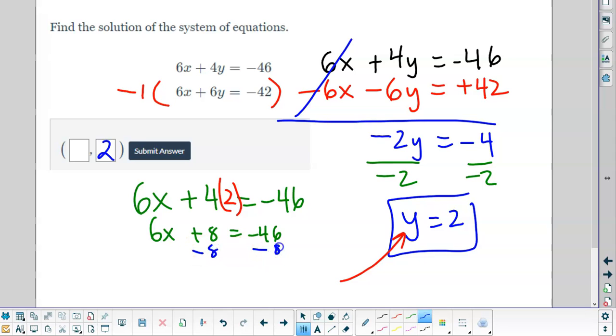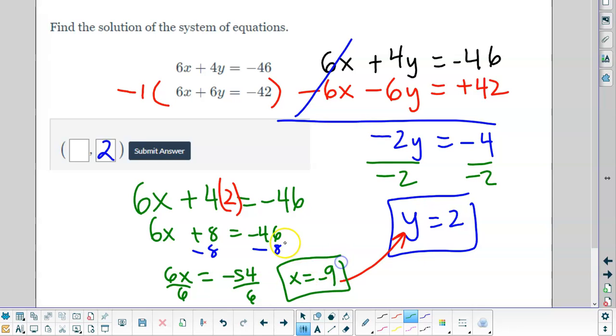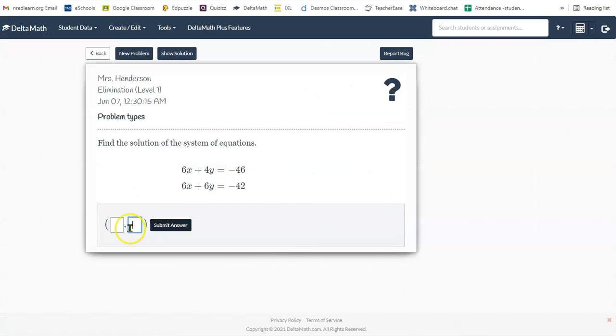Subtract 8. 6x equals negative 54. Divide by 6. And there's my final answer. Negative 9, comma 2. So enter that. Negative 9, comma 2.